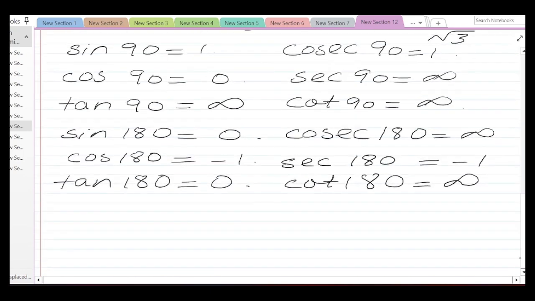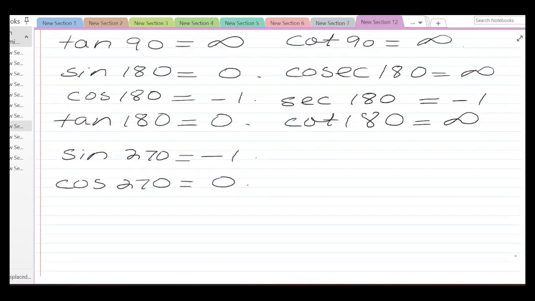Now we will do the same for 270 degrees. So we can write that the sine of 270 degrees is equal to negative 1. The cos of 270 degrees is equal to 0. And then the tan of 270 degrees is equal to negative undefined, because 1 divided by 0 is undefined but the sign is minus, so we will write undefined but with the negative sign.